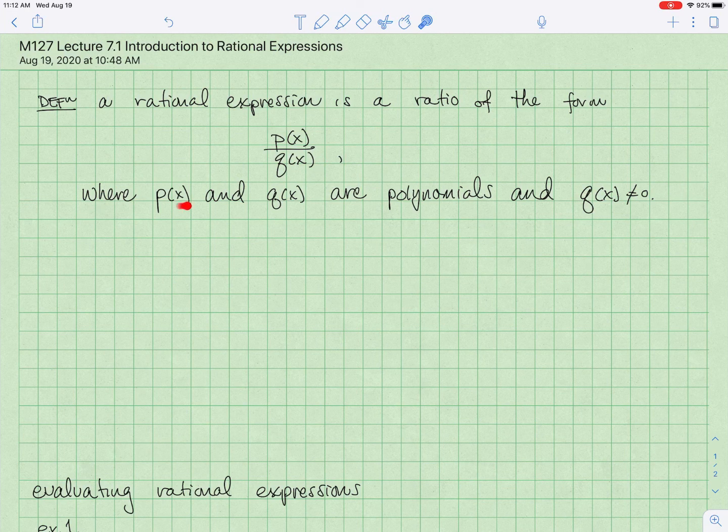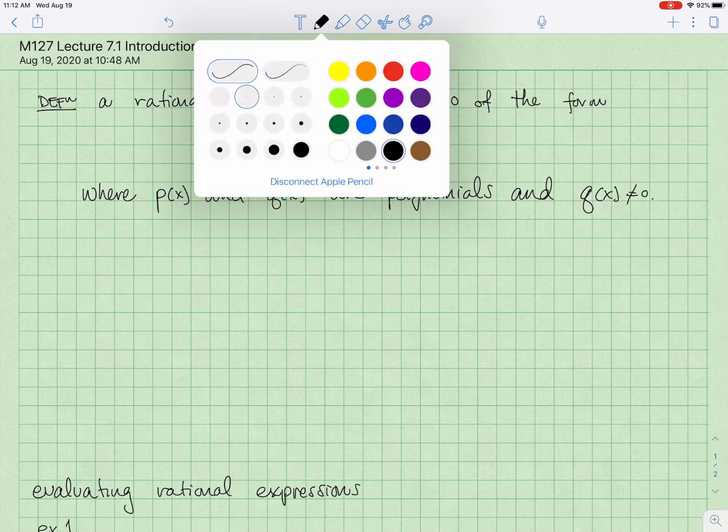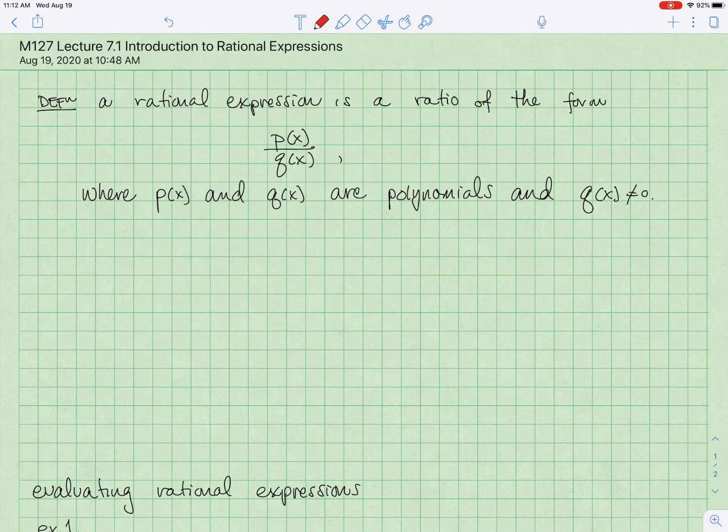But in this instance, p and q are polynomials, and q of x is not the zero polynomial because we do not want to be dividing by 0. So, what do we want to say about this? Well, this is just a fraction made of polynomials.